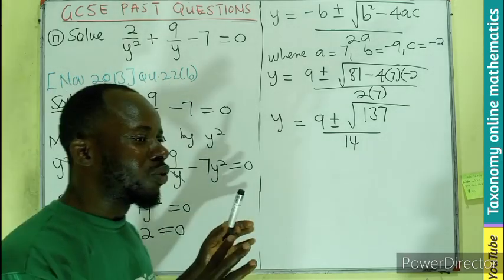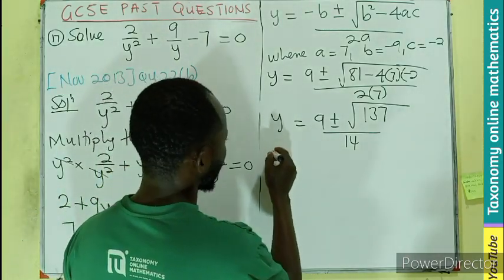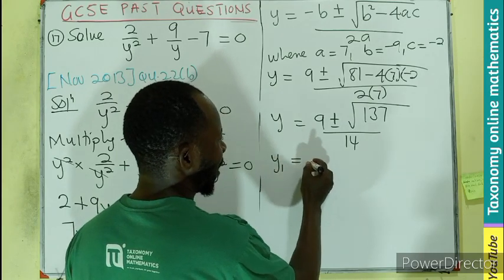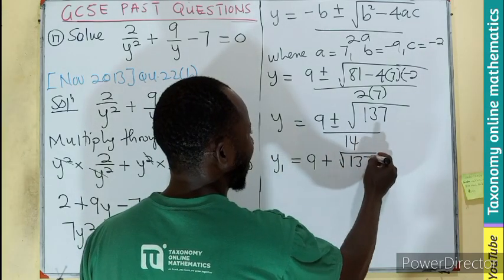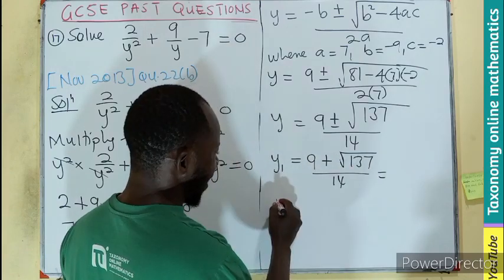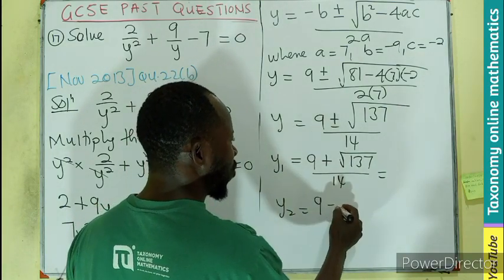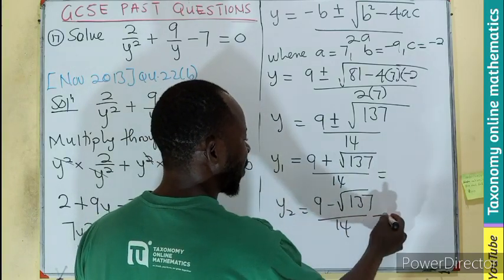So this will give us the two values of y we are looking for. The first y equals 9 plus the root of 137 divided by 14. Then the second y, we pick the negative: 9 minus root 137 divided by 14.